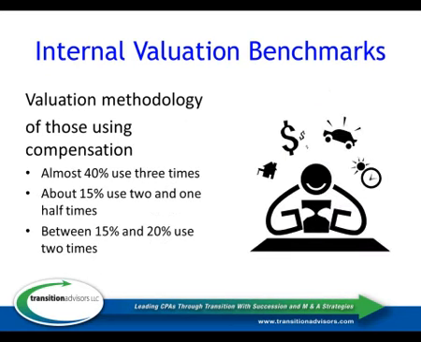For firms that are using a compensation-based system, about 40% are using 3 times, 15% use 2.5, between 15 and 20 use 2 times. Very few firms use more than 3 times, whereas it used to be that I saw many firms with old agreements using anywhere from 3.5 to 4 times. I see very few agreements like that nowadays.